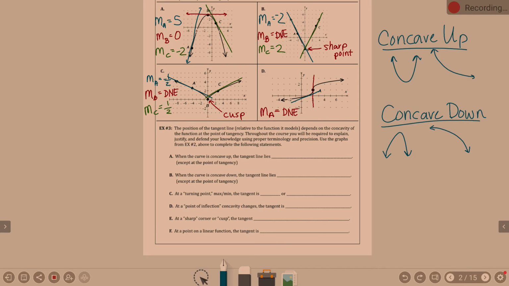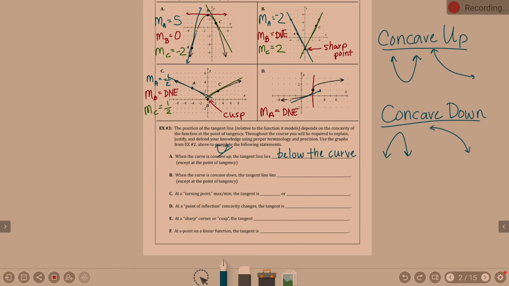Now, with this in mind, when the curve is concave up, where is a tangent line going to be on that? It's going to be somewhere outside of the curve, or in this case, specifically below the curve. So when the curve is concave up, the tangent line lies below the curve.